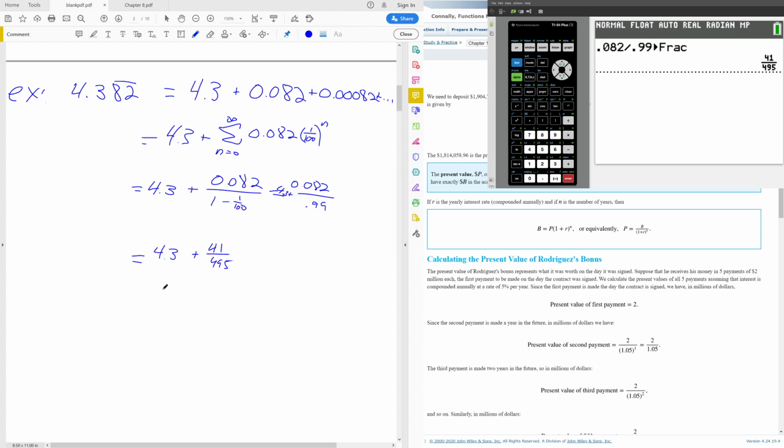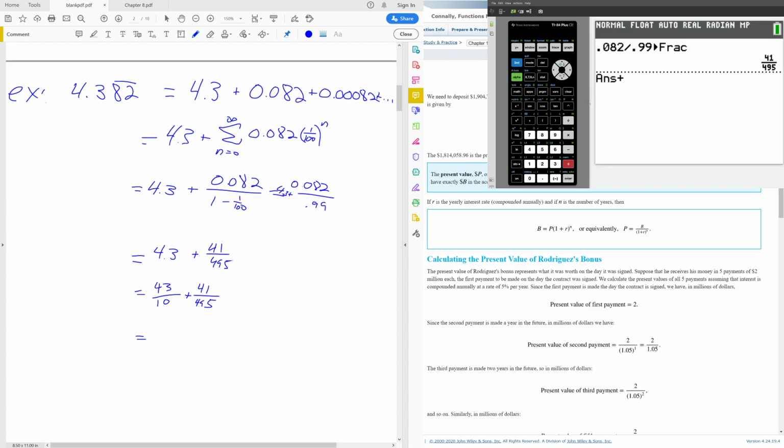And now this, we know, is just 43 over 10. And now we just have two fractions that we add together, find common denominators, add them together, right?